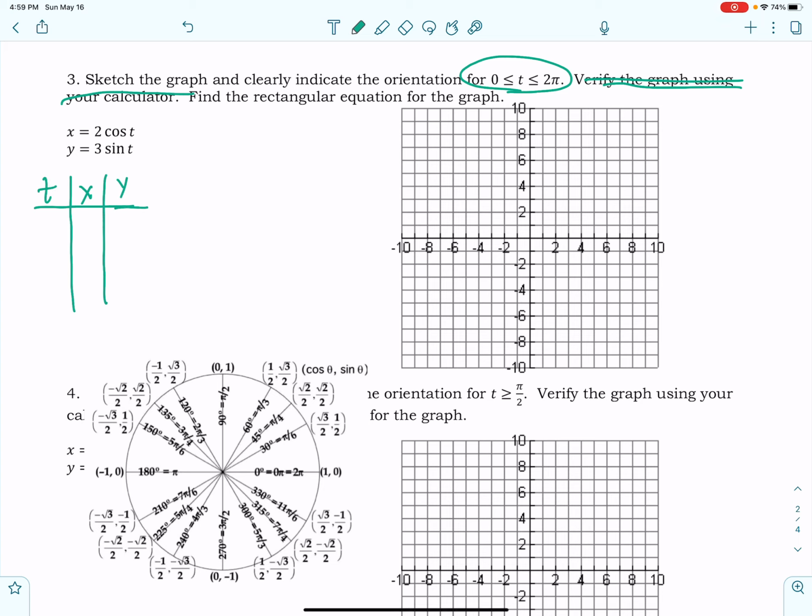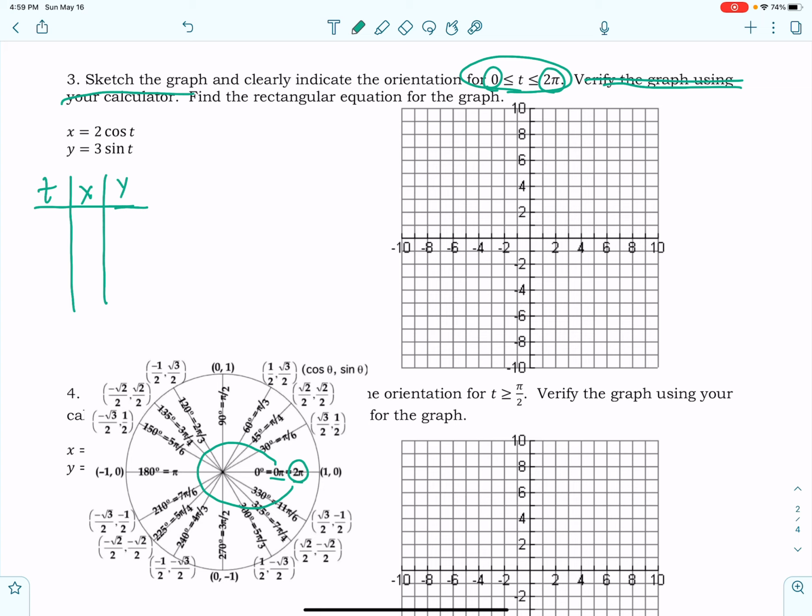So t, notice now, is changing from 0 to 2 pi. If we look at the unit circle, that means we're going from 0 right here to 2 pi. That just means a rotation around the whole circle. So I'm starting at 0, moving this way to 2 pi.